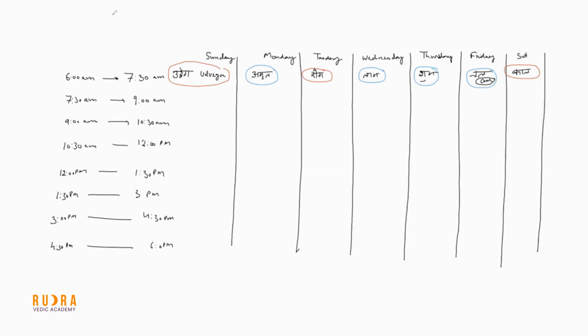Now, you know that the first Choghadiya of Surya is bad. Now don't consider the Vara, consider the planet. Can I write here Sun? Moon? Mars?